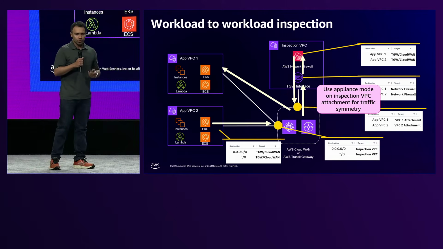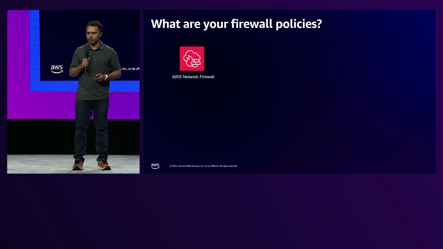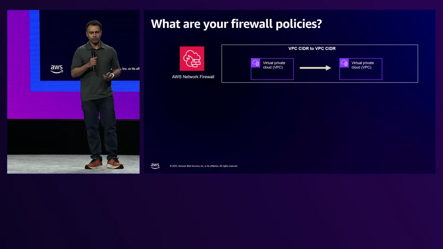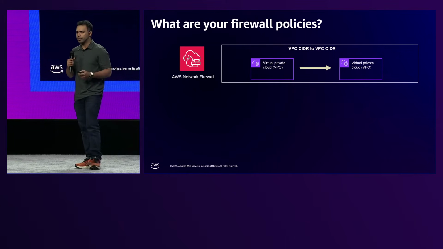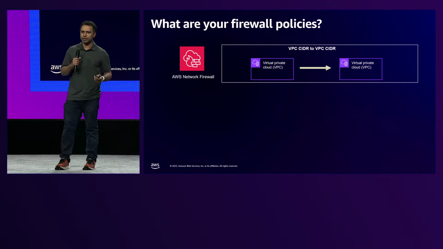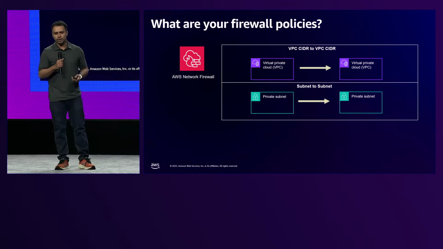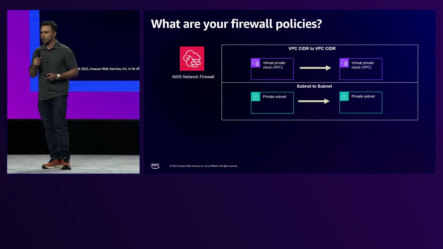So talking about firewalling, let's actually take a look at what the firewall does most often. You could insert a firewall between two VPCs, which we saw on the previous slide, which basically gives you a VPC one CIDR to VPC two CIDR kind of a policy. Alternatively, you can insert a firewall endpoint or a firewall between two subnets of the same VPC, for example, between two subnets of a shared VPC.